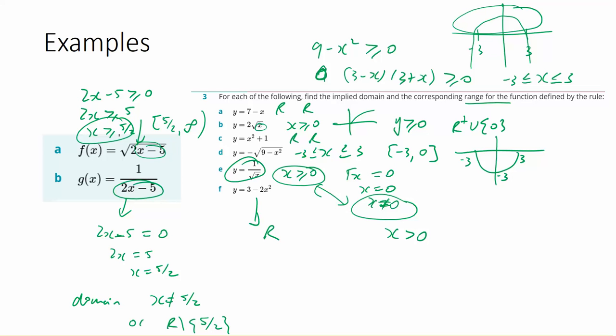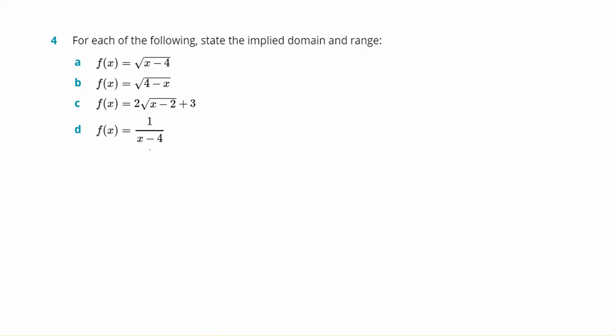Logically, because x cannot be 0 or negative, y is always going to be a positive number, and there's no restrictions on y, so y would be from 0 to infinity. Okay, for f, it's going to be all reals.